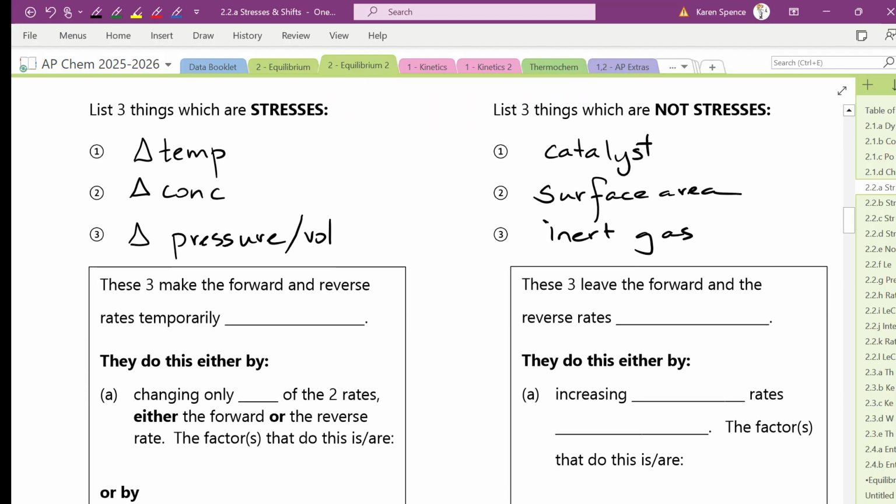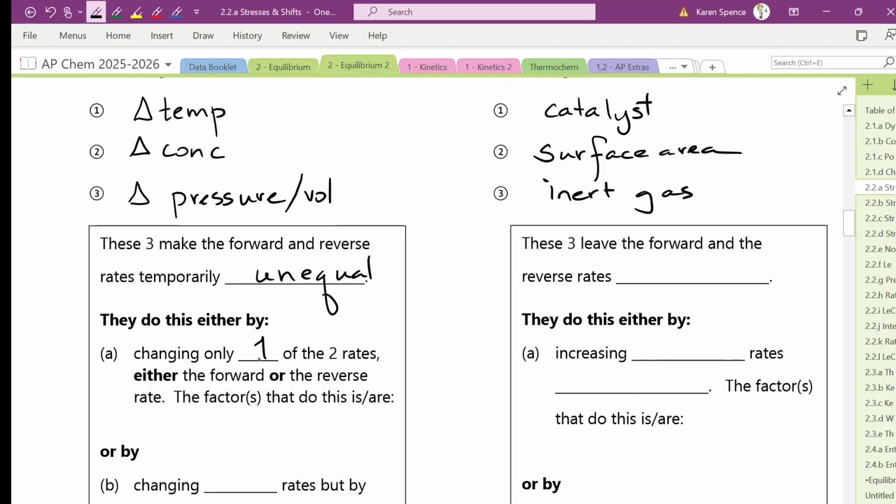All right, for the things that are stresses, these 3 make the forward and reverse rates temporarily unequal, and that's why we get a shift. So they can do this either by changing only one of the 2 rates, either the forward or the reverse.